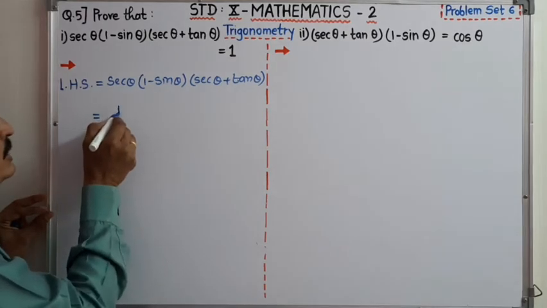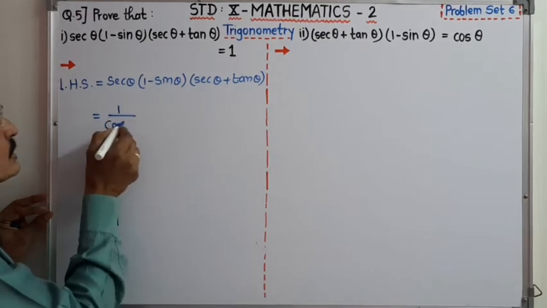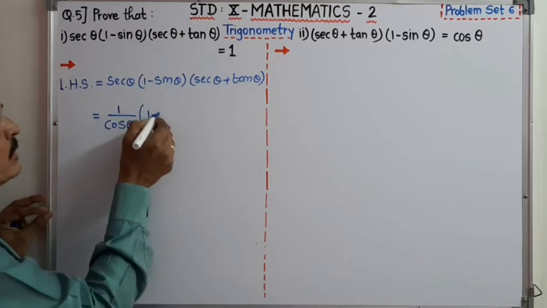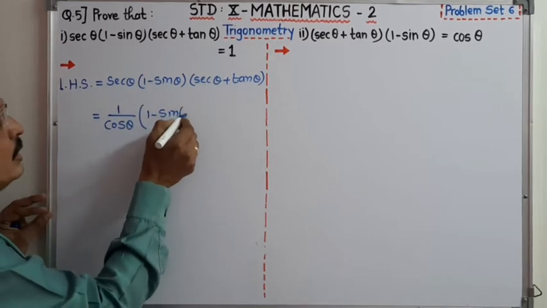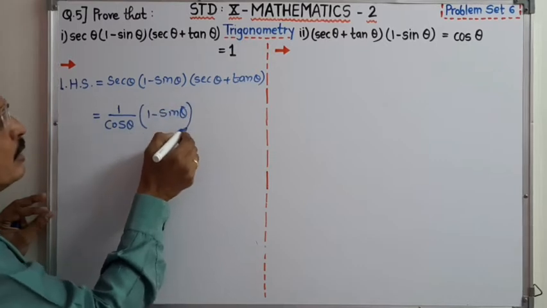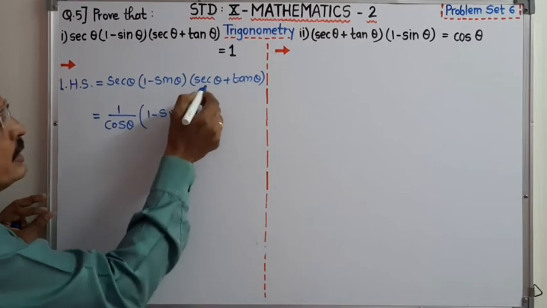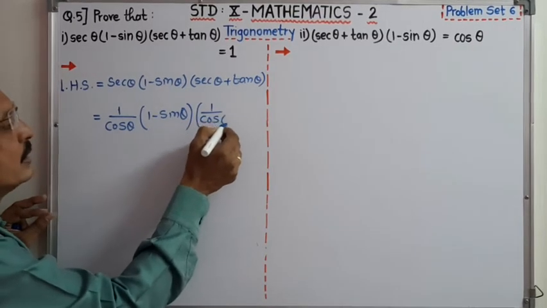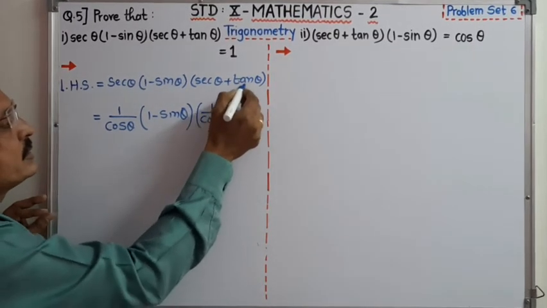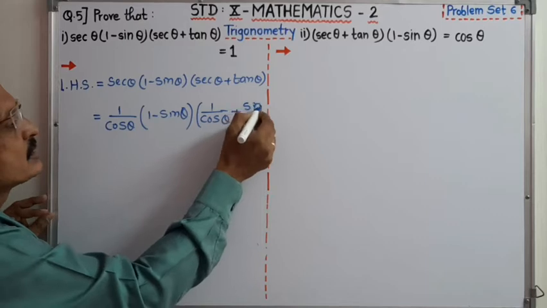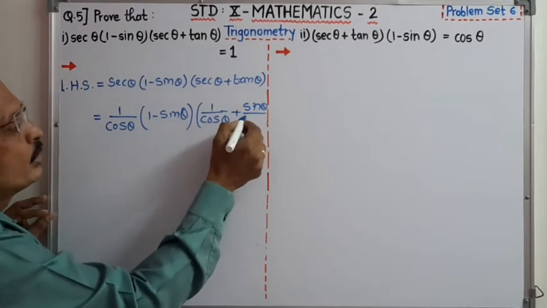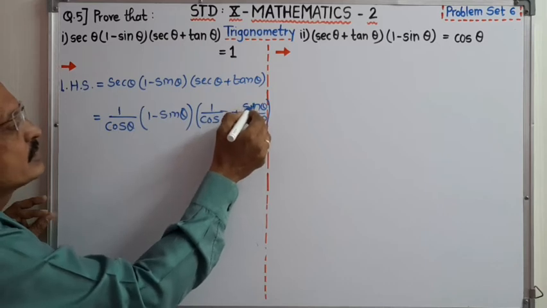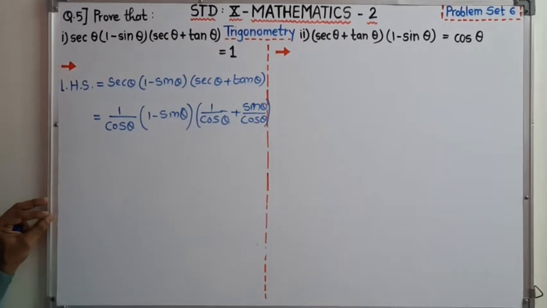Sec theta means it is 1 upon cos theta into 1 minus sin theta, leave as it is. After that, this again sec theta means 1 upon cos theta, plus this tan theta means sin theta upon cos theta. Isn't it? It is sin theta upon cos theta.